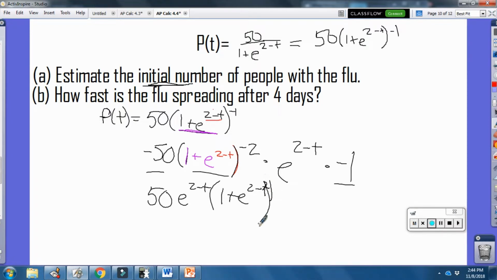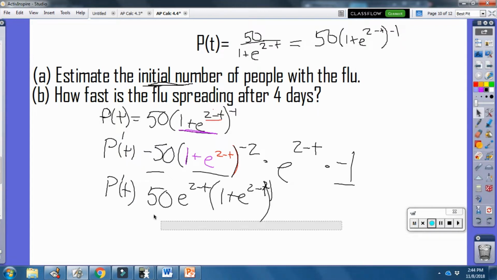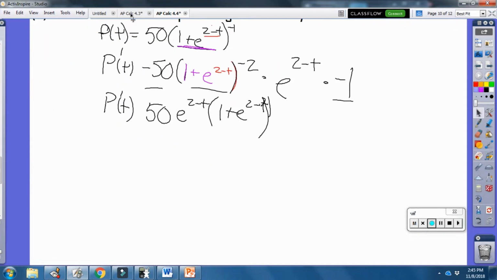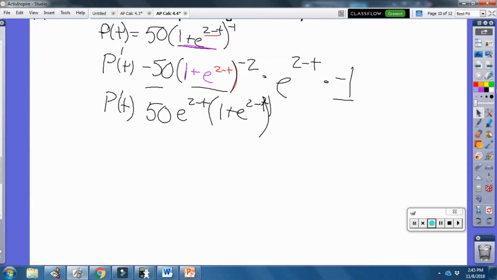But it actually asks for what's the rate of change after 4 days. So I'm going to plug in 4 for both values of t. So this was p prime of t, and this is p prime of t. So now I want to find p prime of 4.